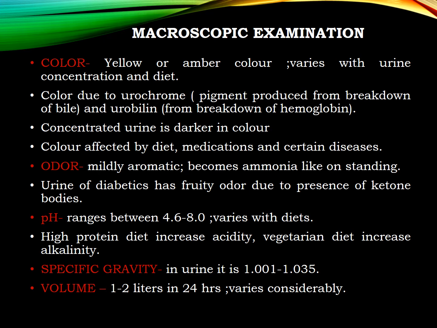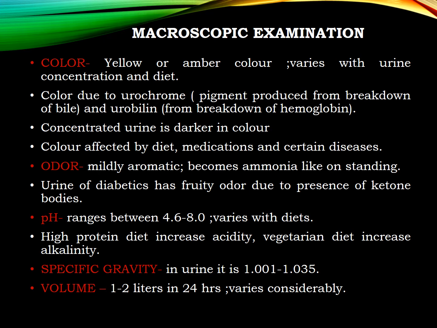The first method of urine analysis is the macroscopic examination, otherwise known as the physical examination. Here we look at the color, odor, pH, specific gravity and volume of the urine sample. Urine has a yellow or amber color, which varies with urine concentration and diet. The color is due to the presence of urochrome and urobilin.